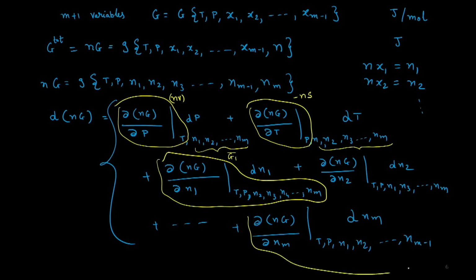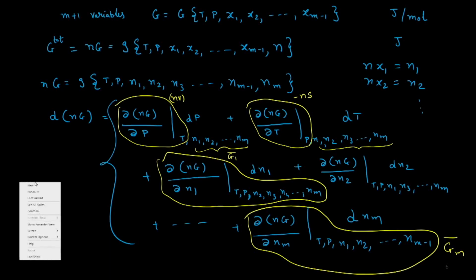Similarly, this one would be partial molar Gibbs free energy Gm bar, etc. So now I'm going to make these substitutions so that the derivatives look a little simpler, and I'll rewrite this equation. d(nG) is going to be equal to nV dP minus nS dT plus G1 bar dn1 plus G2 bar dn2 plus all the way through Gm bar dnm, right?